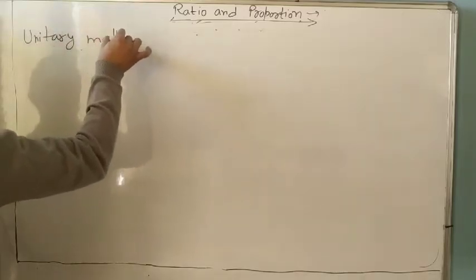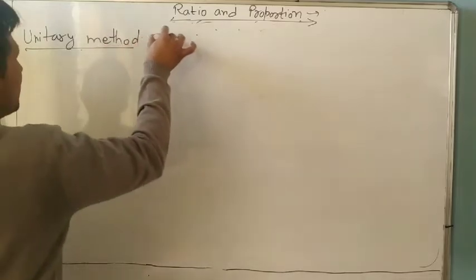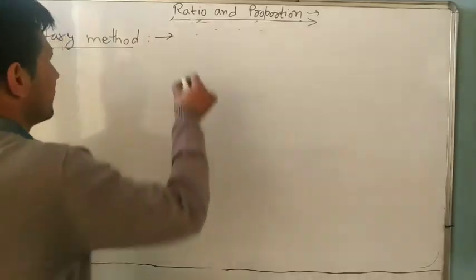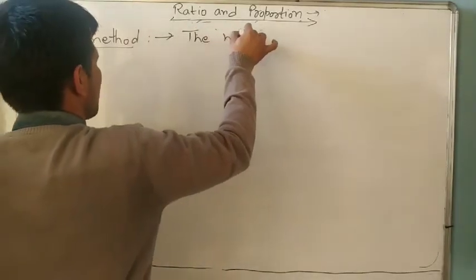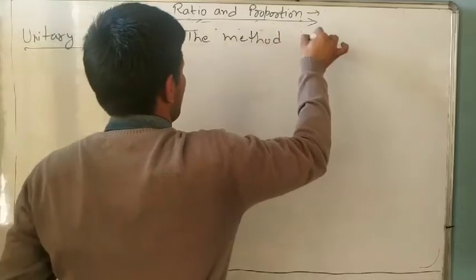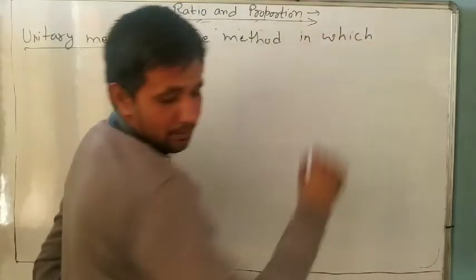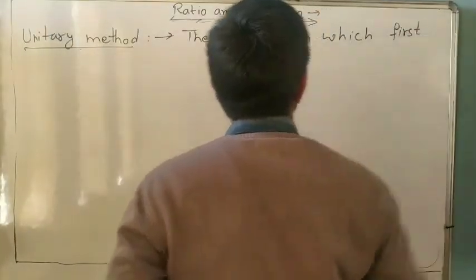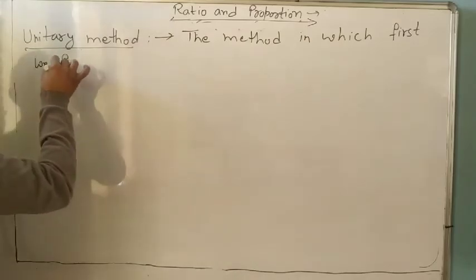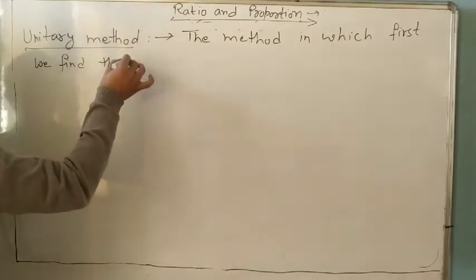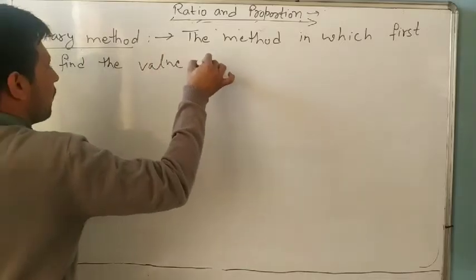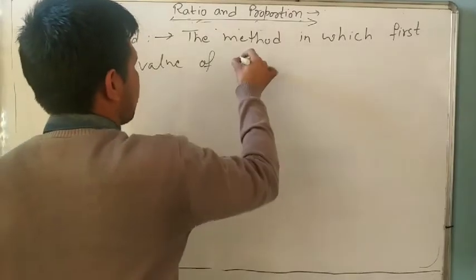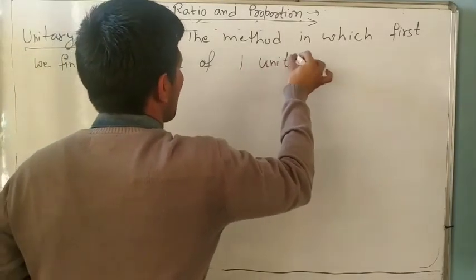Unitary method: the method in which we first find the value of 1 unit. Whose 1 unit?